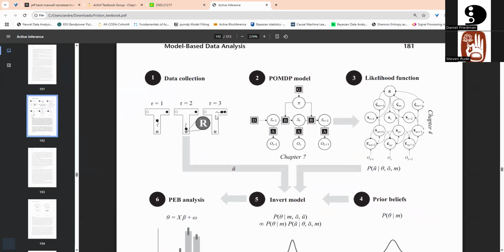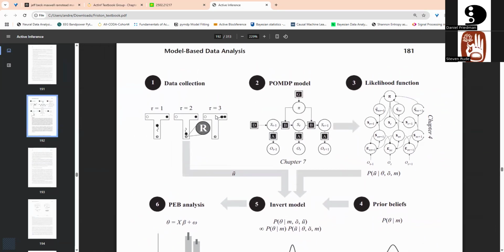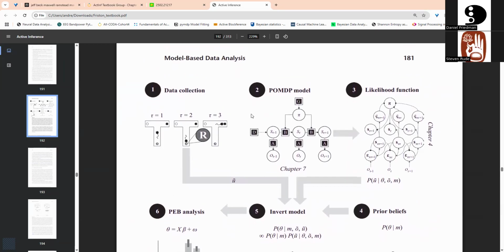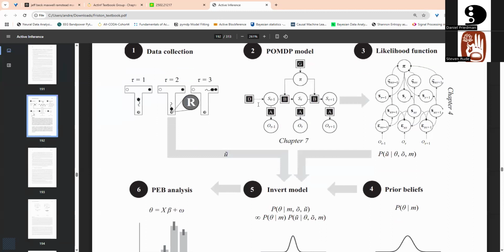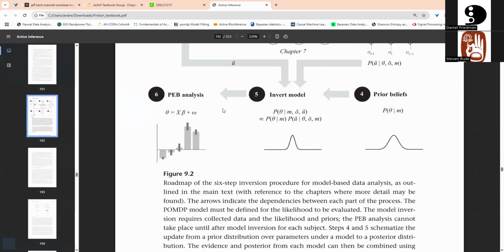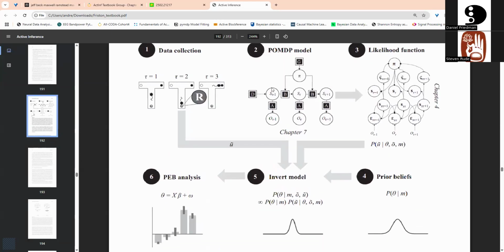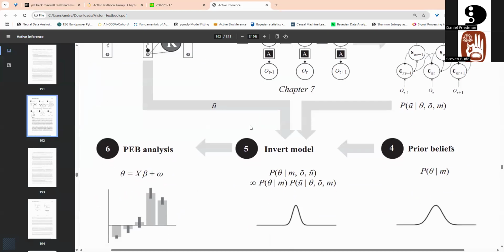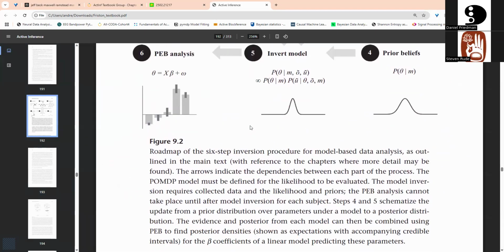By the time we get to chapter 9, it actually reverts to, well, not reverts, but this is more about model-based data analysis. So this is more about taking what we've learned, adding on a few other forms of analysis for understanding our models, or building or iterating over building models, and even fitting models.